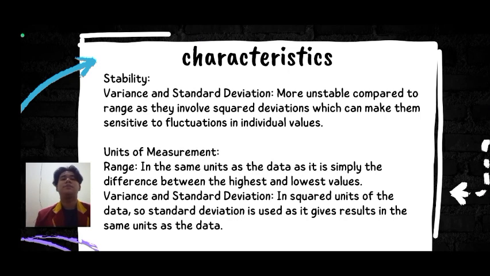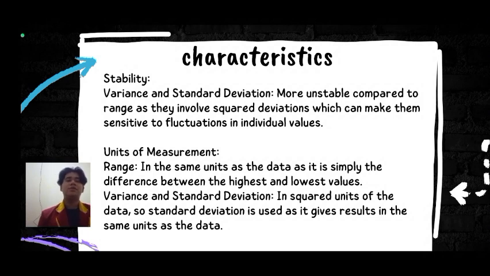And then stability. Variance and standard deviation are more unstable compared to range as they involve squared deviation, which can make them sensitive to fluctuations in individual values. And then units of measurement.